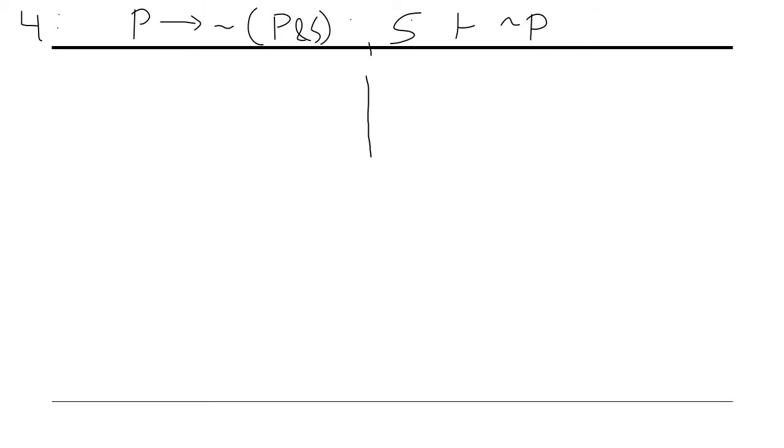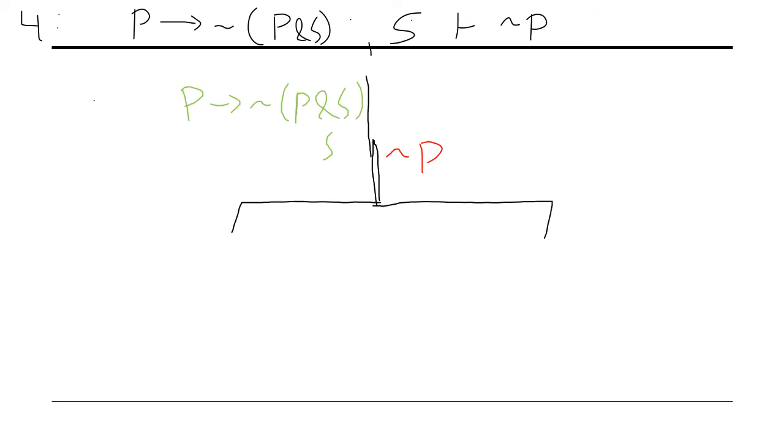So on to problem 4. Got P arrow, not P and S. S, not P. So looking at our first premise up here, the main operator is the arrow, so break it apart using our arrow rule on the left hand side.